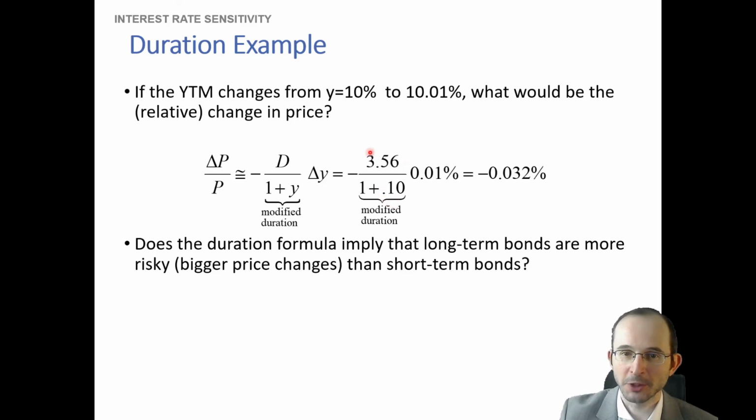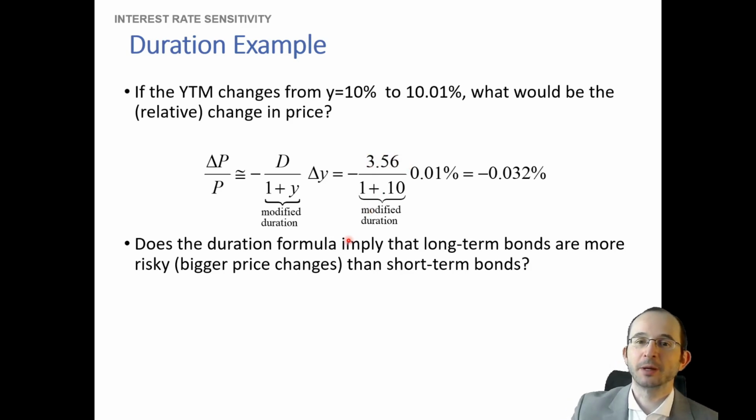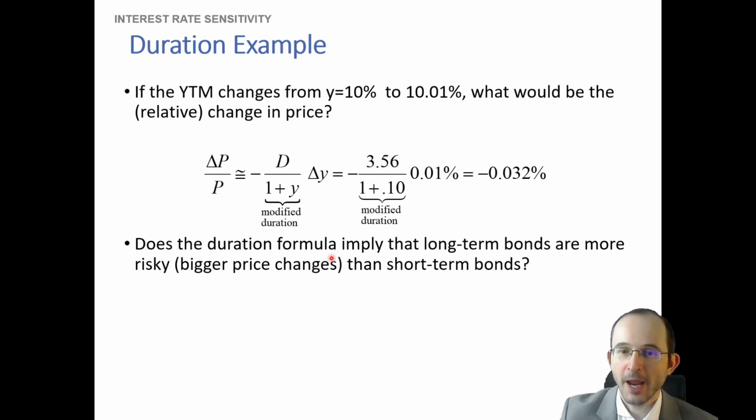We know what the duration already is, 3.56. We rescale it by 1.1, and the change in yield is 1 basis point, 0.01%. So all we're actually doing is taking negative 3.56 over 1.1 times 1 basis point, and going through the algebra, we get negative 0.032%, or 3.2 basis points.